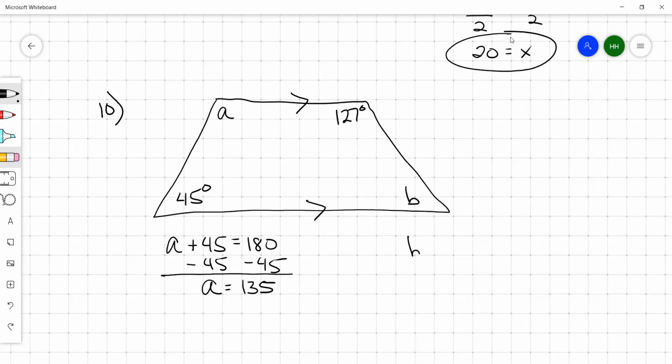Angle B plus 127 equals 180. So subtract 127. And angle B is equal to 53.